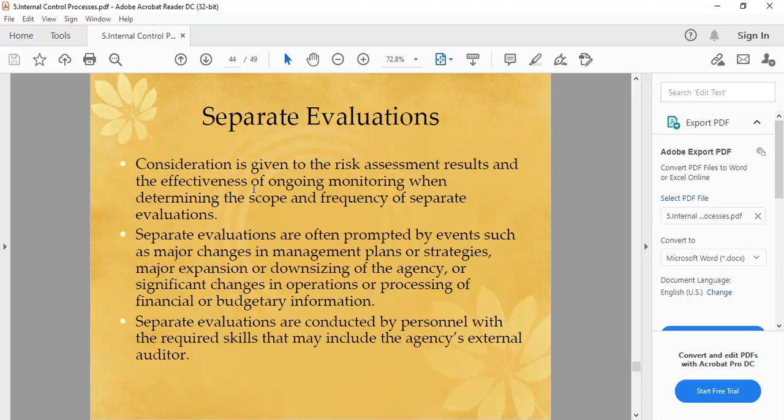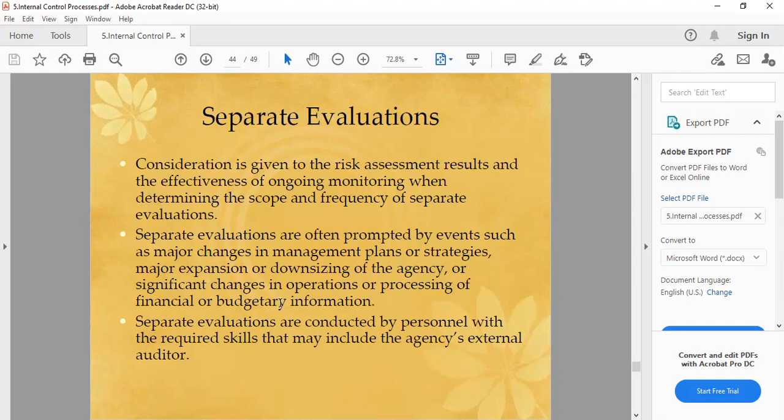Then consideration is given to the risk assessment results and the effectiveness of ongoing monitoring when determining the scope and frequency of separate evaluations. Then separate evaluations are actually prompted, meaning they occur because of certain major changes in the company or events, like major changes in the management plans or strategies. That would be dramatic. Major expansion or downsizing, so it's either a plus, a growth of the company, or a minus, that's also dramatic.